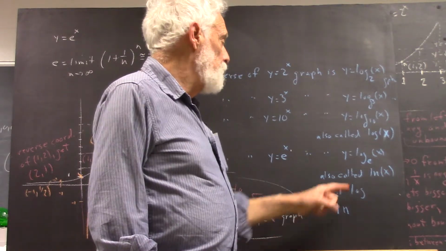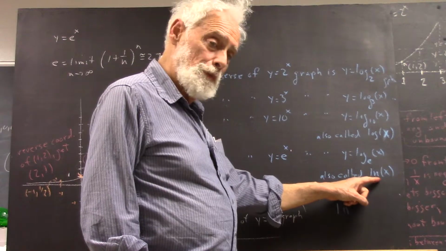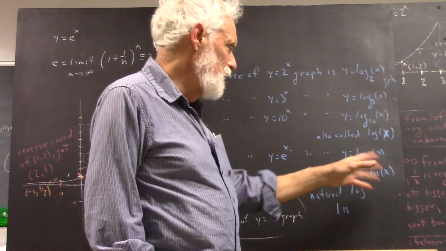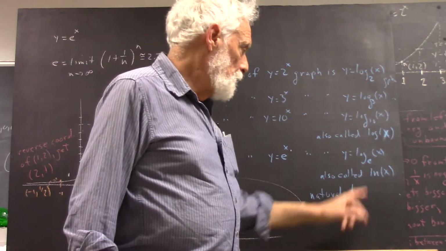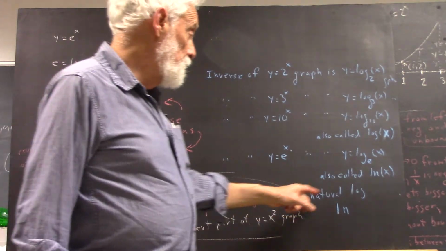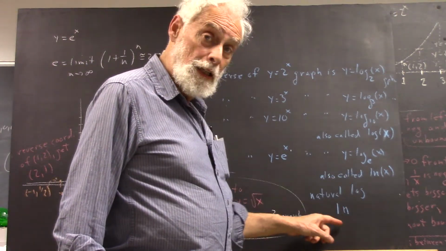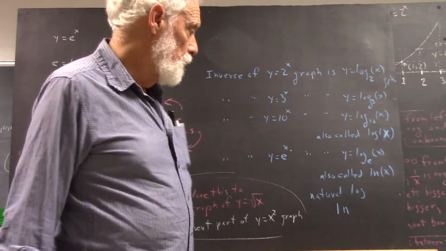So this also has a name. It's called ln for log natural. It's the natural log, but we don't want to write nl. That would be a little more awkward than ln. We want to start it with L because log starts with L. This is the natural log. That's ln, not in, not 1n, ln. And you have that button on your calculator.